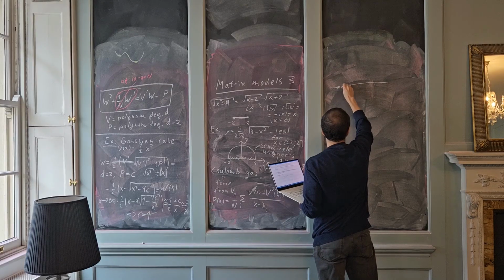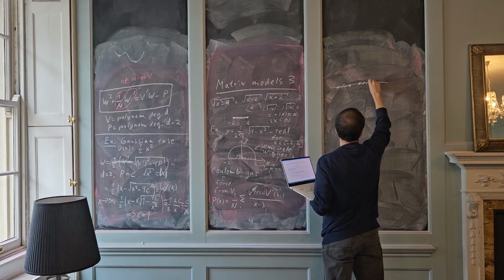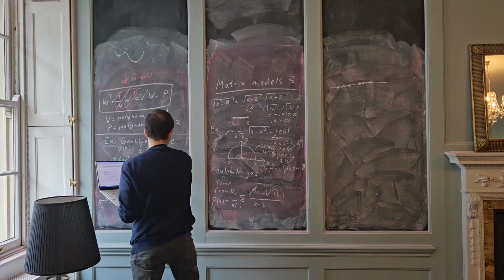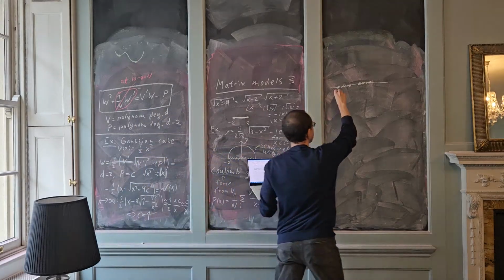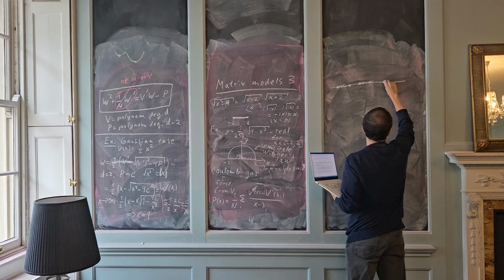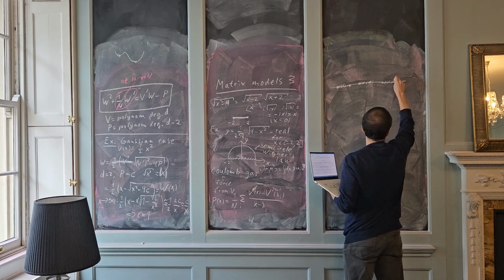Because the square root has branch points at the zeros of this polynomial, the zeros will be connected by branch cuts. The level of complexity is basically determined by the number of these zeros.